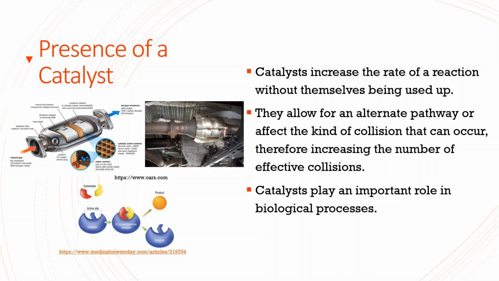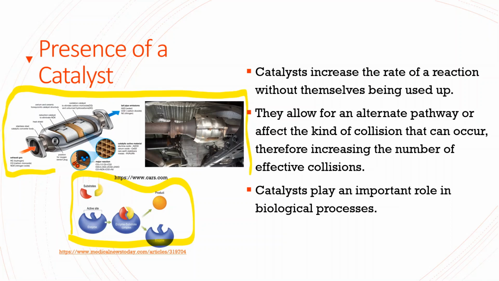And we'll talk a little bit more about catalysts when we look at potential energy diagrams. The examples I've given here: enzymes, there's many different kinds of enzymes that play important biological processes. And then a catalytic converter allows literally a surface for particles to react, pulling harmful gases out of the exhaust before it expels from the car.